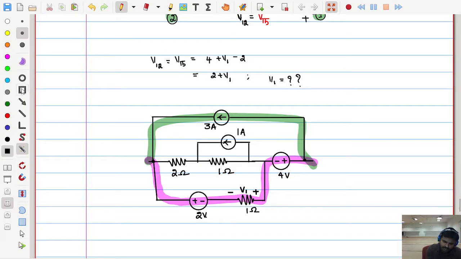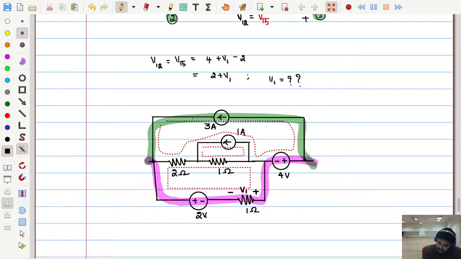So see here, you can have these things. These two branches are already having current sources. So let me assume this is one loop or mesh 1, this is mesh 2, this is mesh 3.